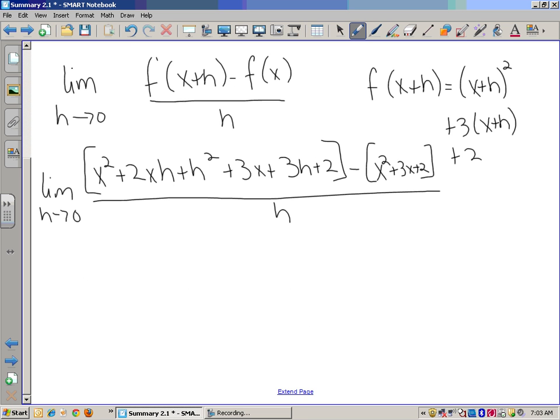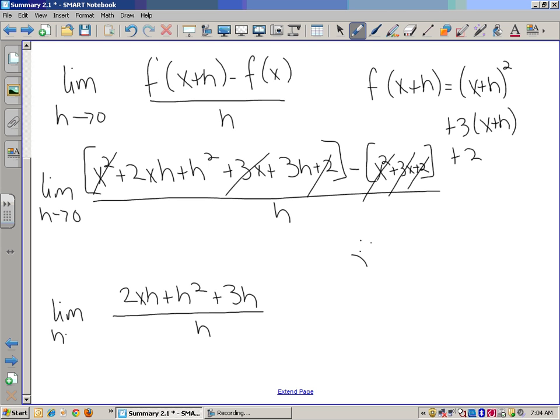So can I plug in 0 yet? No, I cannot. But I can get rid of x squared plus 3x plus 2, gone. And now I'll rewrite what I have left on top so we can all see it. Can I plug in 0 yet? Some of you are saying yes because you're already simplifying, but that's okay.